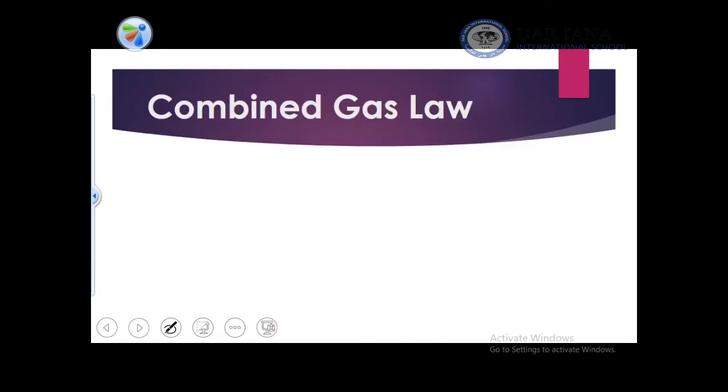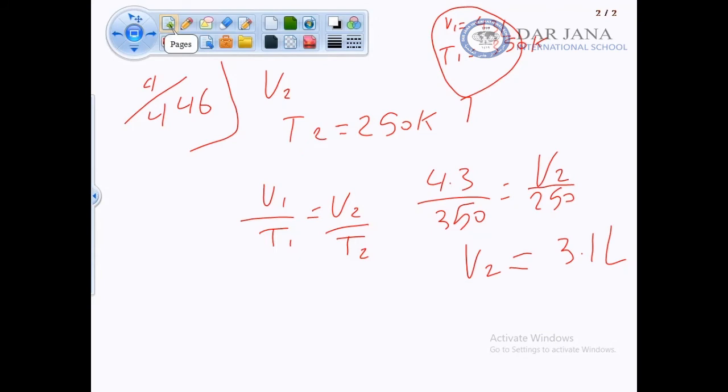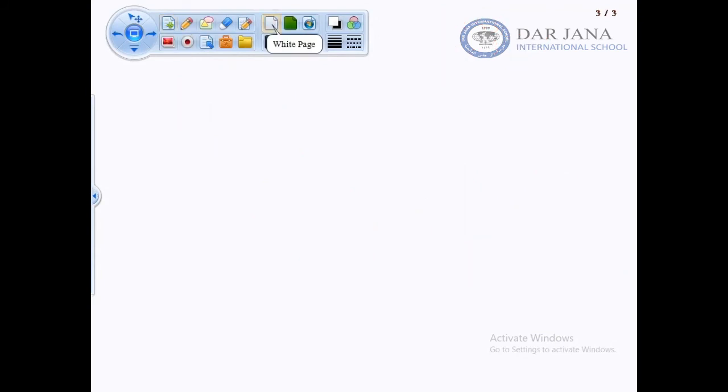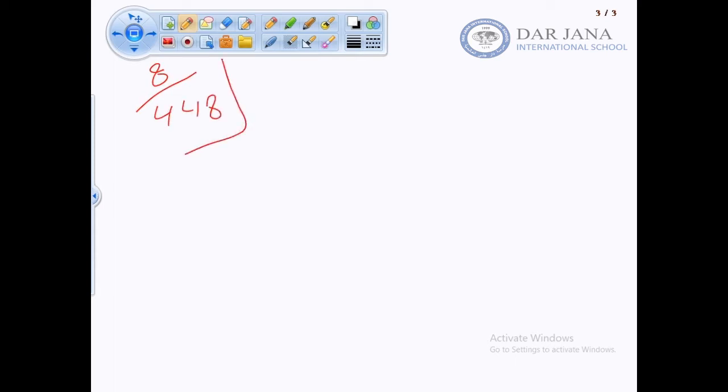Let's solve an exercise on Gay-Lussac law. Please open on page 448, question number 8. The pressure in an automobile tire is 1.88 atmosphere.